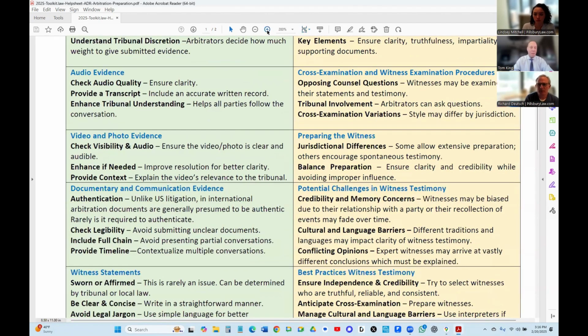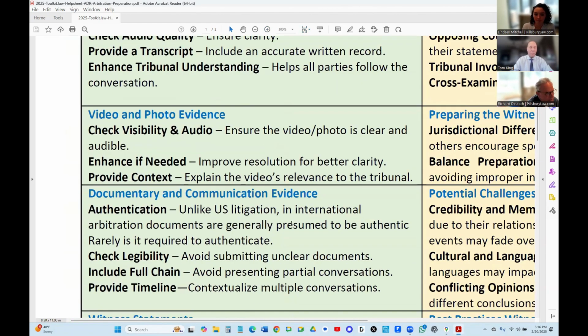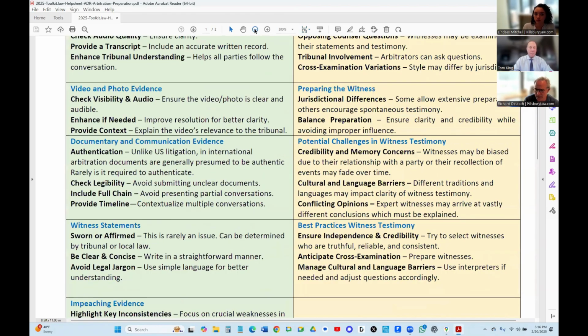Really, think about the expectations that arbitrators are going to have, because oftentimes you're not in a courtroom. You can sometimes be in a little conference room. You can also be in a big hotel conference room, or even a ballroom, depending on where you are. So you've got to make sure that the quality, the visibility and the audio are clear, that it's going to work in that room, because the arbitrators are in that room looking up at that big screen, and you want it to be clear and right to the point.